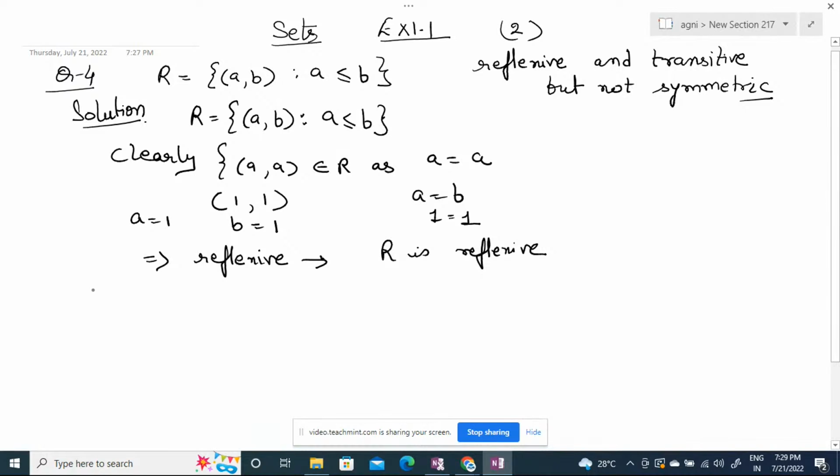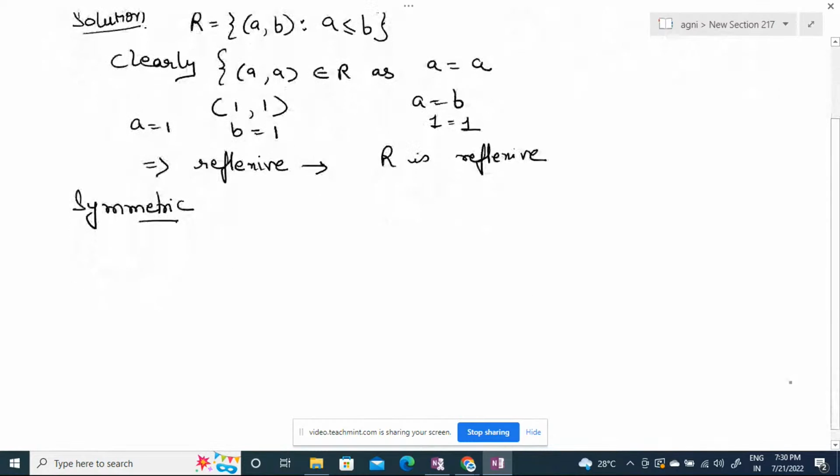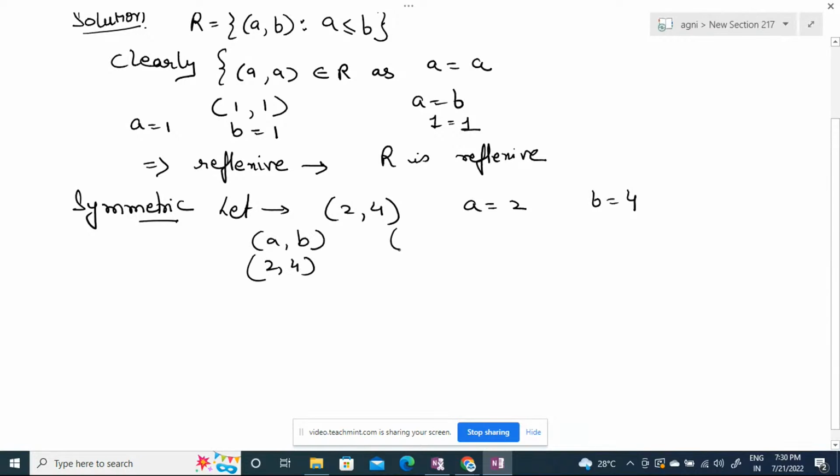Now the second property which we have to consider, we have to check whether this relationship is symmetric or not. For this, if we take an ordered pair like (2, 4), it means the value of a is equal to 2 and value of b is equal to 4, then (a, b) becomes (2, 4), and if we take (b, a), then it becomes (4, 2). Now we will check it for the condition a is less than equal to b.